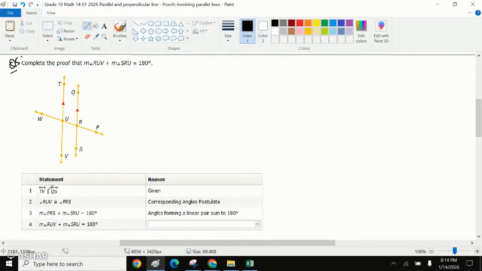They're saying the first line says they're parallel lines, right? So can we mark the parallel lines? We say this is a set of parallel lines, which is already given in the question, in the statements.